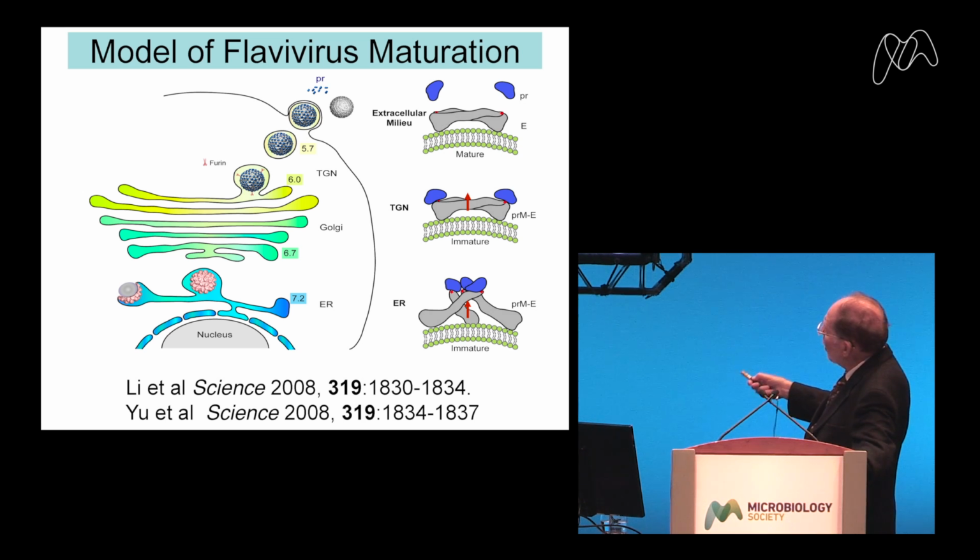But the PR here doesn't come off. It's kept there because the pH is low, and the interaction between the PR and the E protein, as we had shown structurally, is a series of ion salt bridges. Eventually it comes off, and the virus emerges and goes back into the neutral pH of the extracellular environment.